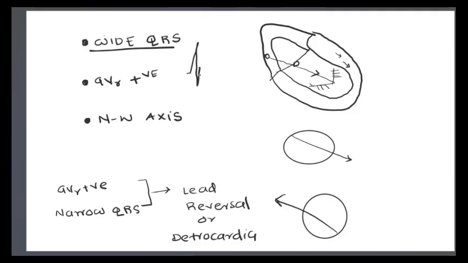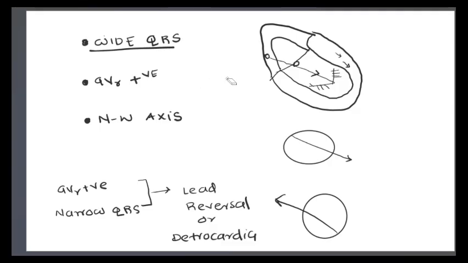Say this is the normal. In ventricular tachycardia you get a little bit wide QRS, but when the ventricular tachycardia is so fast, you may not be able to appreciate the proper QRS complex. It would be something like this.